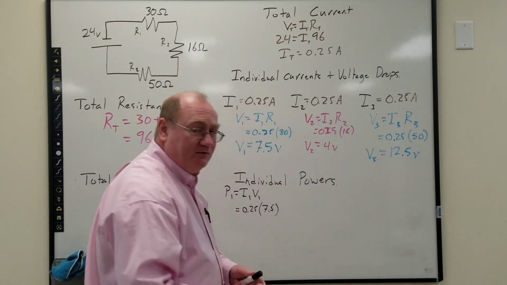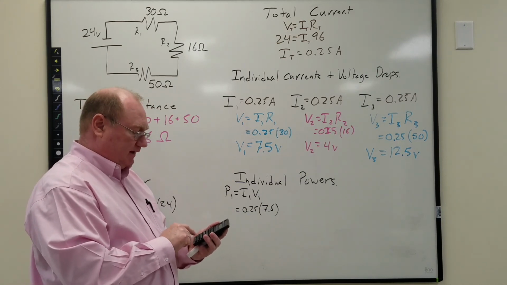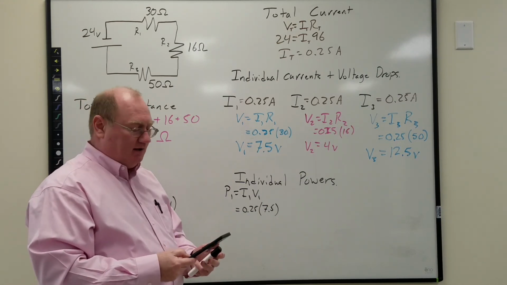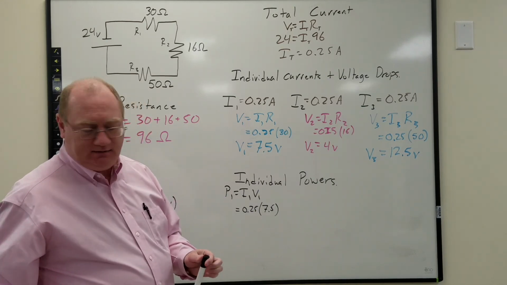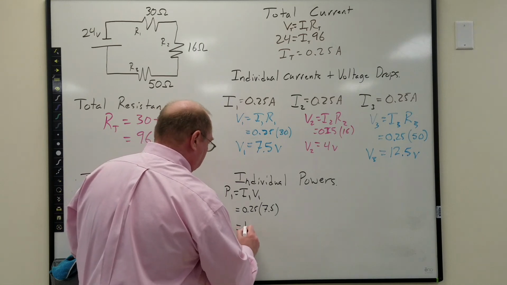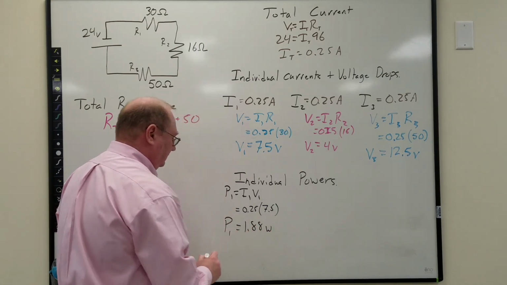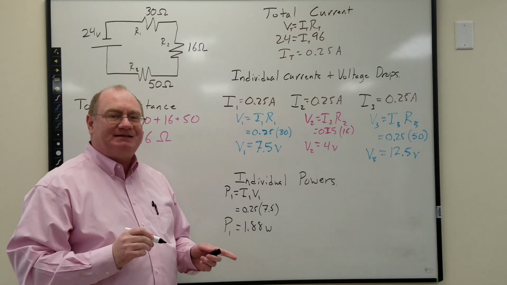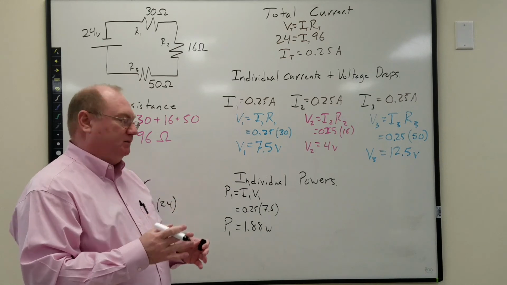And so if we figure out the power for it, 0.25 times 7.5, we get a power of 1.88. It's actually 1.875, but I'll round it up just for this example to keep to 2 decimal places.